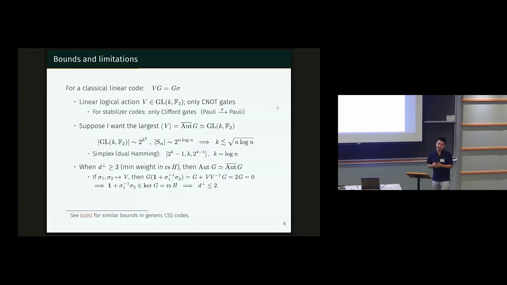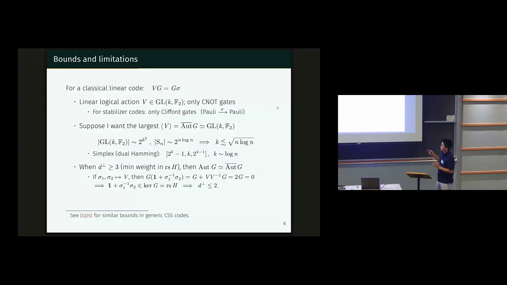As a reminder, the dual code is where you switch the roles of the parity check matrix and the generator matrix. So you can think of the dual distance as the minimum weight in the row space of the parity check matrix. To go back to the repetition code analogy, the repetition code has 2-body checks, so the dual distance would be 2, and it wouldn't satisfy this. But in general, if you do satisfy this, then these two would be equal.